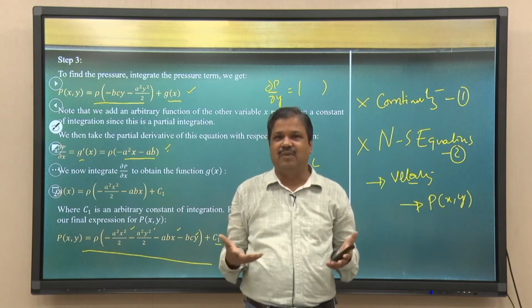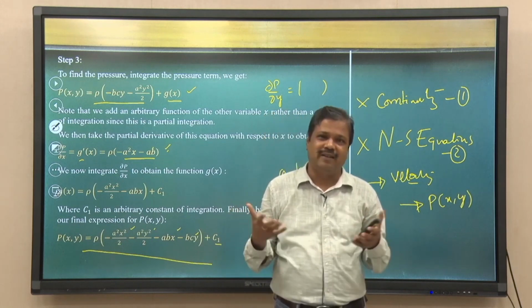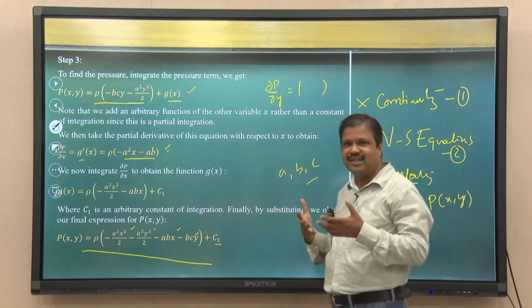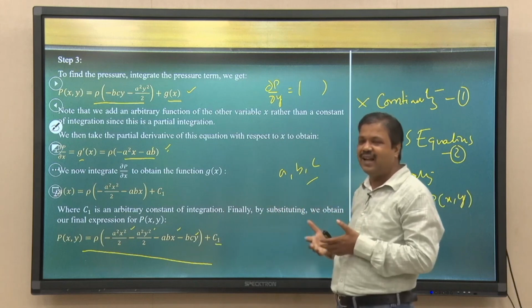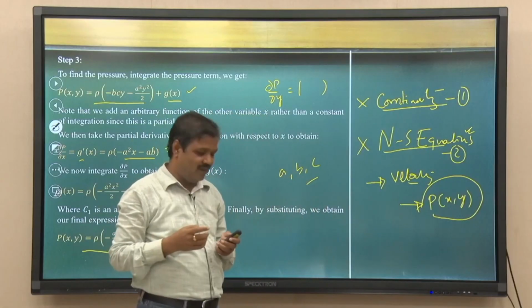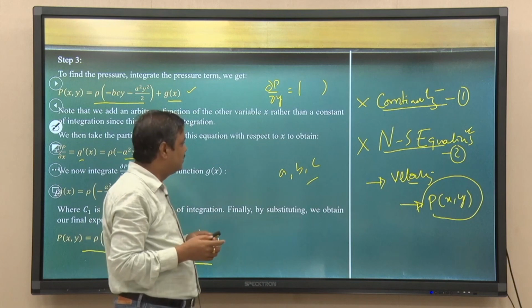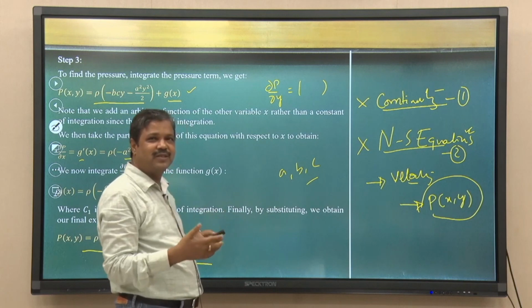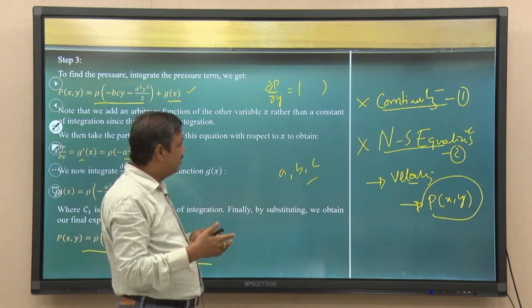That is the difference between mathematicians and fluid experts: first the continuity equation should be satisfied, followed by the Navier-Stokes equations to determine the pressure field. That is a very easy problem that I have solved, but try to look at how complex functions can be given to determine the pressure field.